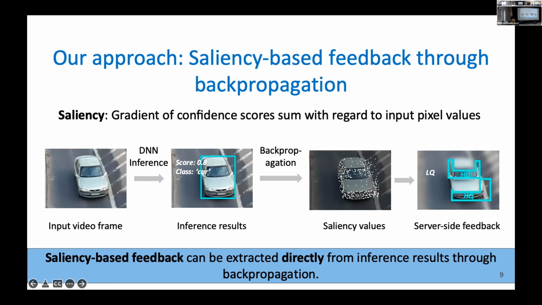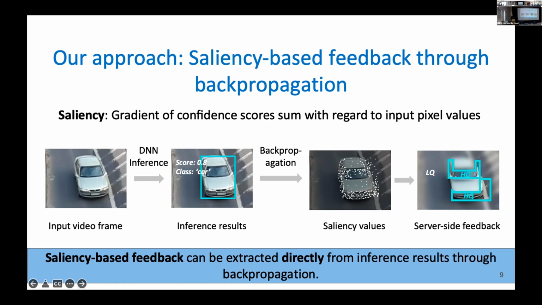It's just like a derivative indicating the relative contribution of a pixel to the final inference accuracy. In our case, we're computing this saliency by computing the gradient of the confidence score sum with regard to the input pixel values. It gives us a better and more accurate model of the relative contribution of each pixel to the performance statistics we care about in the end.